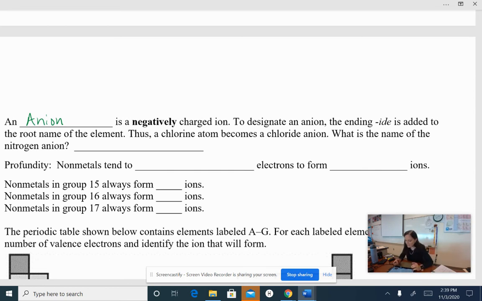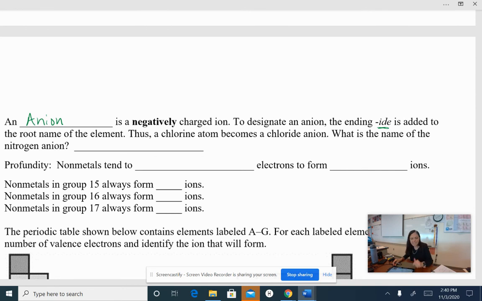So to designate an anion, the ending "ide" is added to the root name of the element. So the root of chlorine is chlor, so we're going to call it chloride. The root of fluorine is fluor, so we're going to call it fluoride. Thus, the chlorine atom becomes the chloride ion.